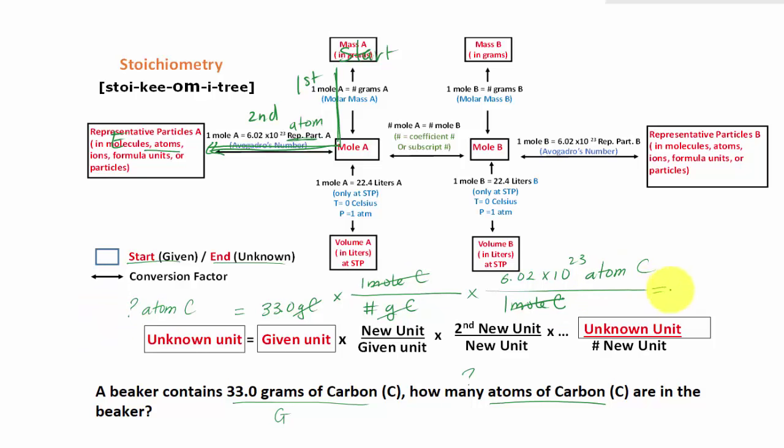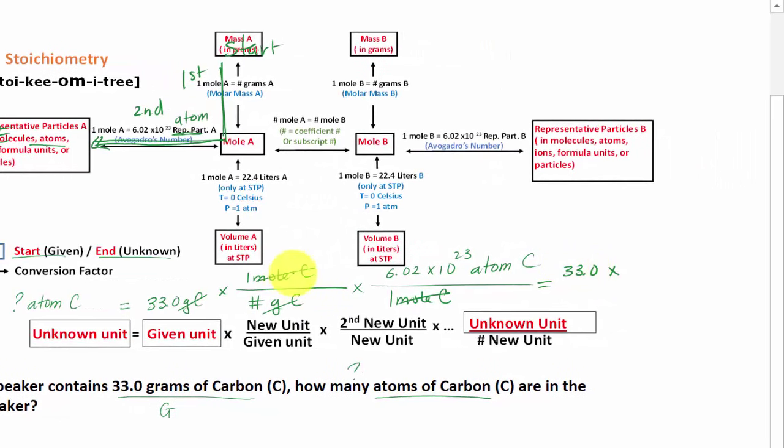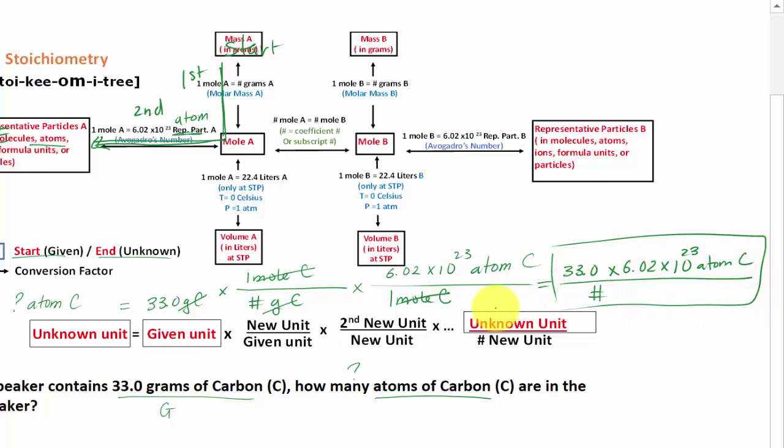So how do we plug this into our Chromebook? Let's multiply everything on top. So we take 33.0 times 1, which we can ignore, times 6.02 times 10 to the 23rd atoms of carbon, over everything on the bottom, which is a number times 1, which we don't care about. So here you go, that is what you are going to type in the computer. And I'm going to rewrite it again to make it easier.